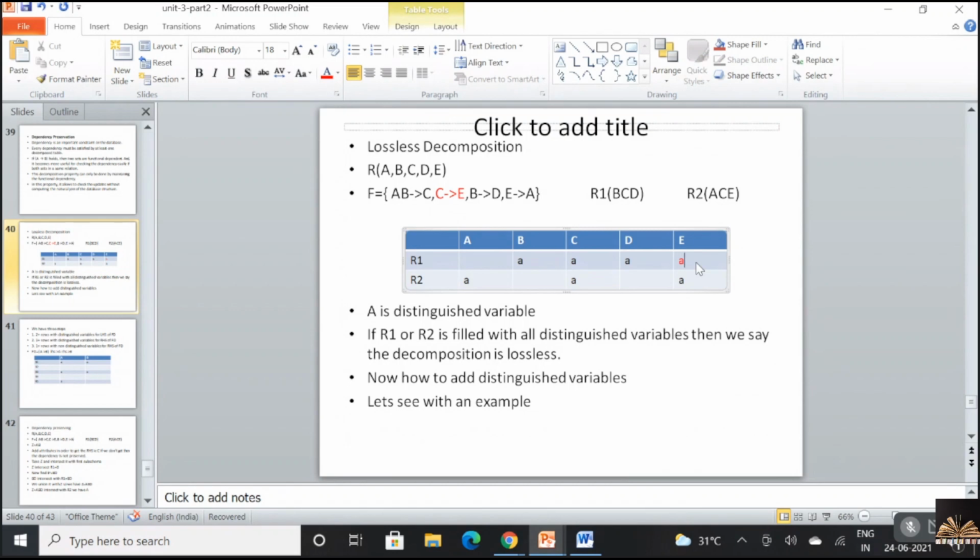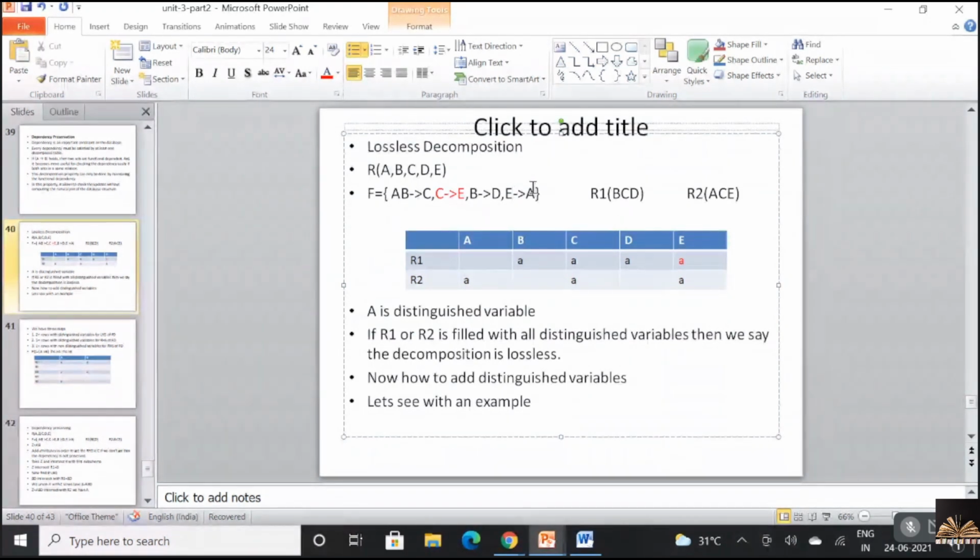Now looking at the next one, B implies D. Are there 2 rows with respect to B having distinguished variables? No. So this is also invalid. Now next I'm going with E implies A. With respect to LHS, LHS is E. I have got 2 rows over here, so fine.